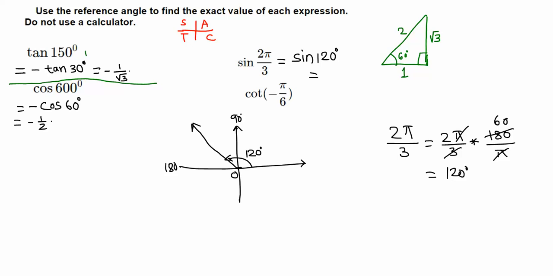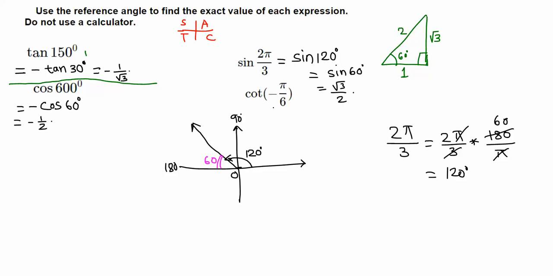Now we need the reference angle: 180 minus 120, that's 60. So sine 120 is plus sine 60. Now use this triangle for 60 degrees. Sine is opposite over hypotenuse, so √3/2.